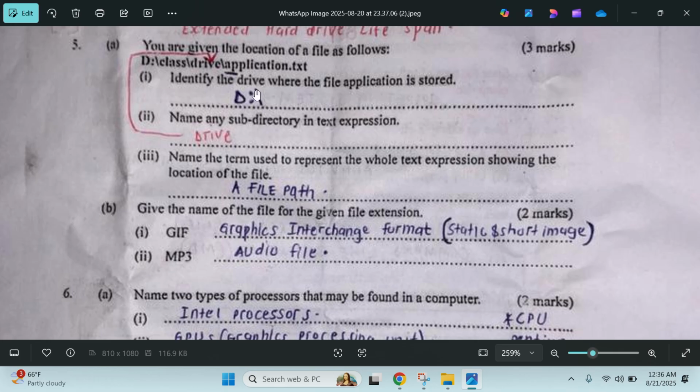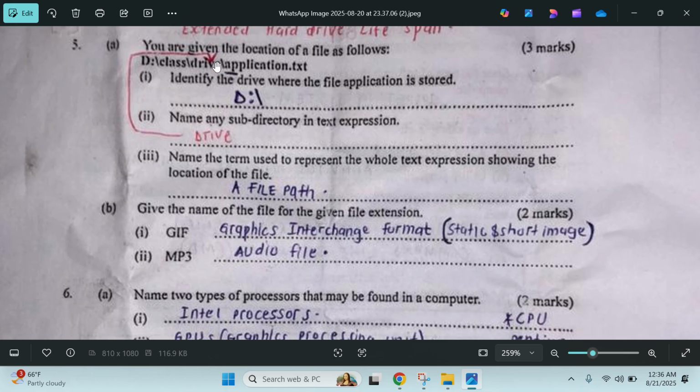Then name any subdirectory in the text expression. Now a subdirectory is just a sub folder within another folder. For our case, class is a folder, but drive is a folder within class. So drive is the subdirectory, and application.txt is the file because it appears as the last feature.